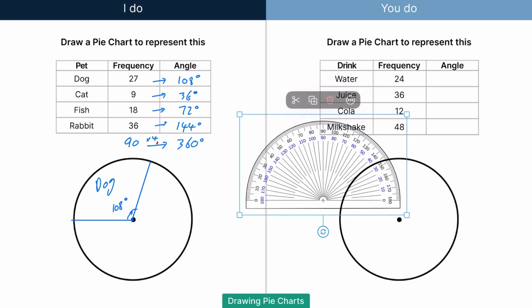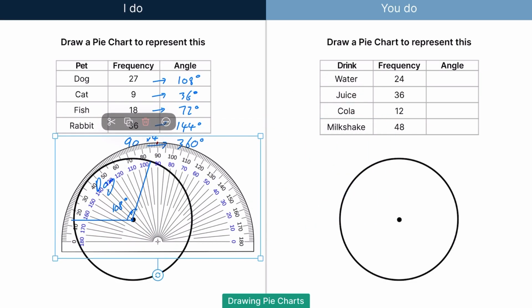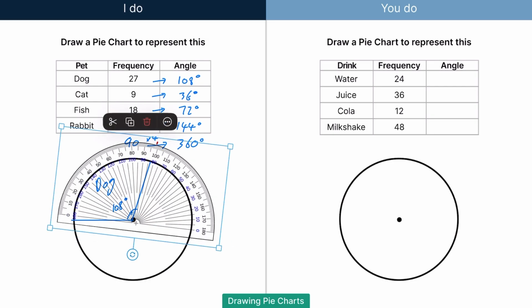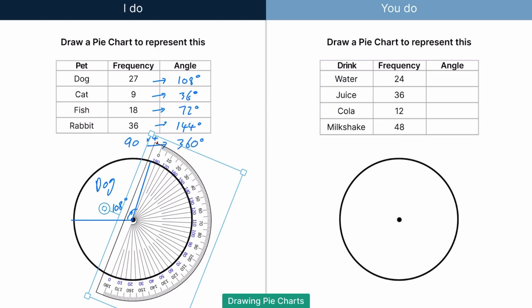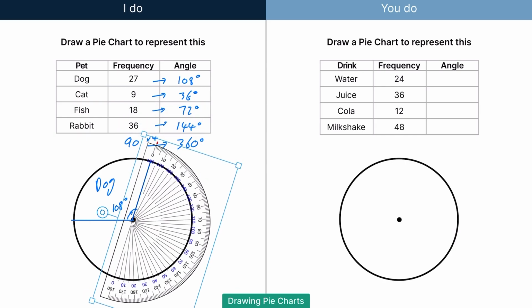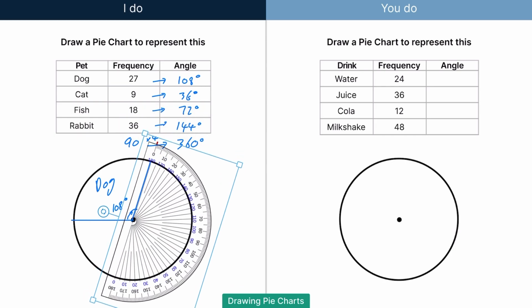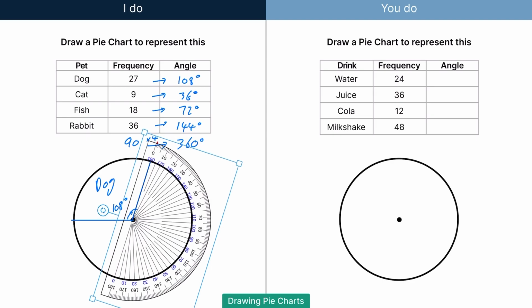Now moving on, we have 36 for the next one. So if I just rotate this way and put it on here and make sure that's all lined up and put that back in the center right there. So we are now measuring 36 degrees. So 0 to 36 is going to be about there.